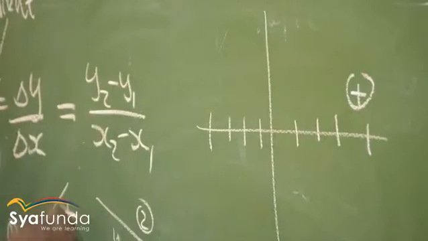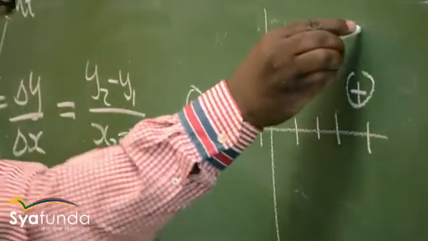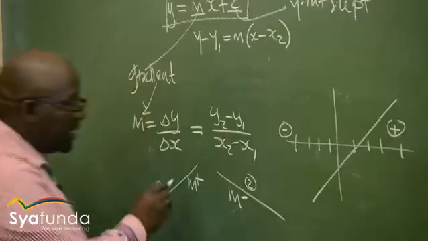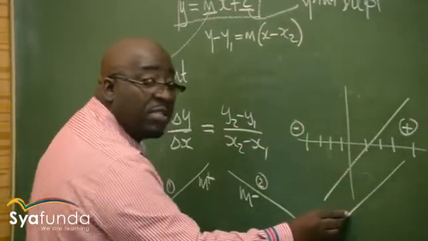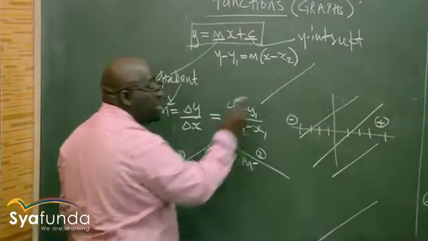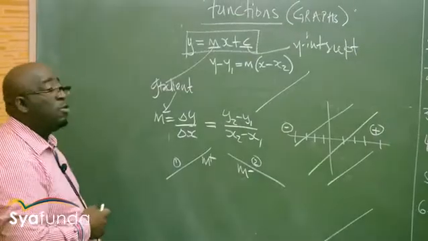How are the axes this side? They are negative. Therefore, if I come in from this side and sketch the graph, where did I start from? From the positive side. Hence, this line will have a positive gradient. So you must be able to see it before you even calculate the gradient, that it will be positive.